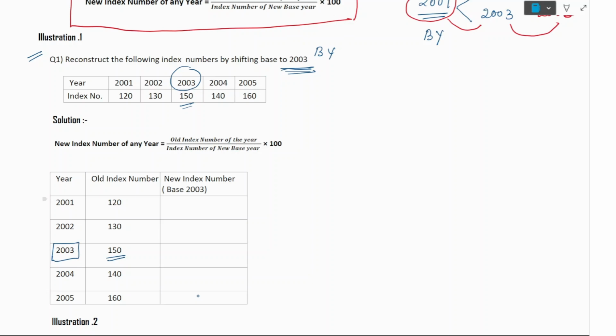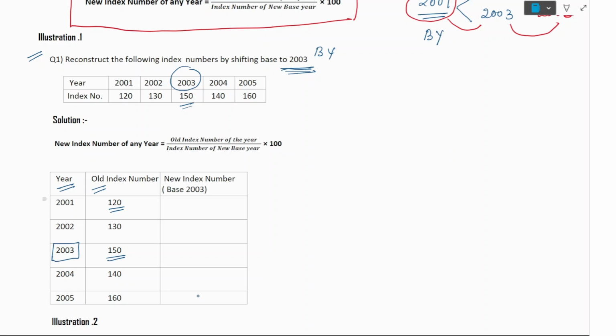So you are going to change the 2001 index number, that is 120, to a new index number, and you get a new series. The table consists of 3 columns. First is year, from the question. Then I have written old index number, because we are going to create the new index number. The next column is the new index number, with base 2003.